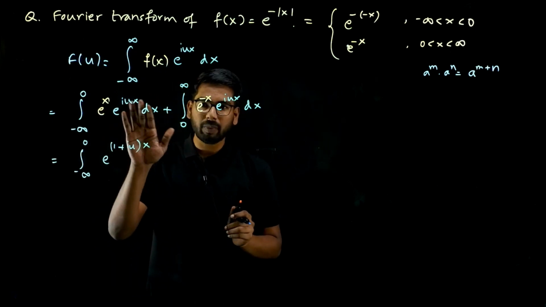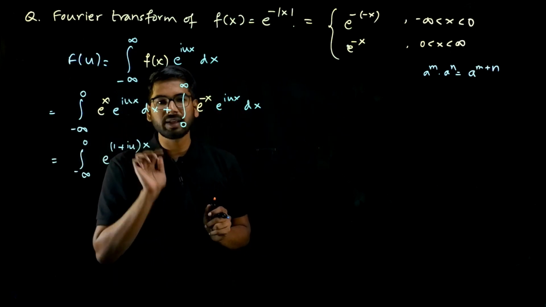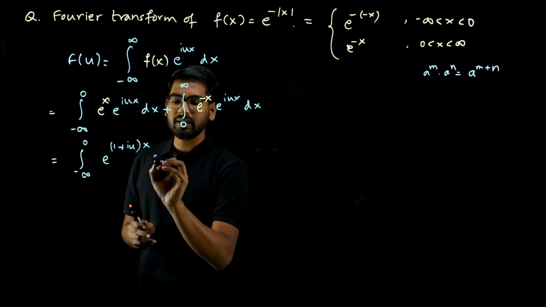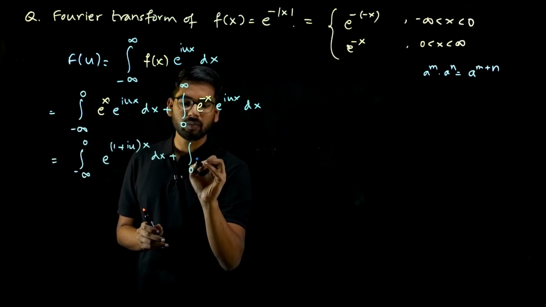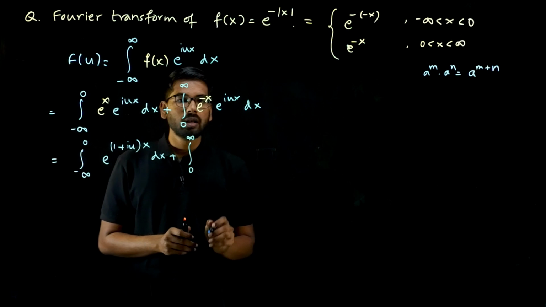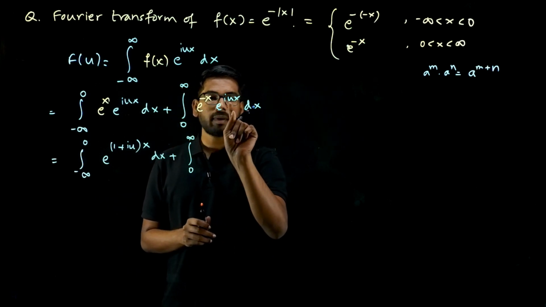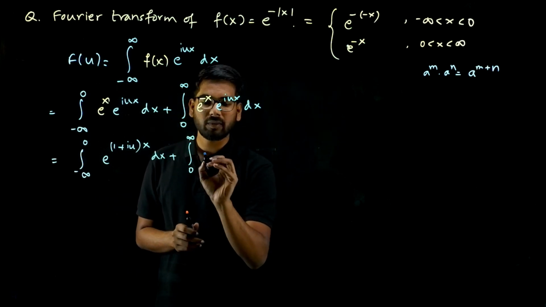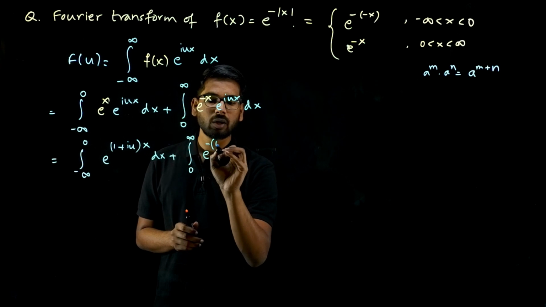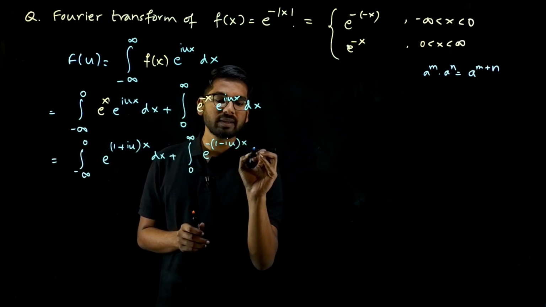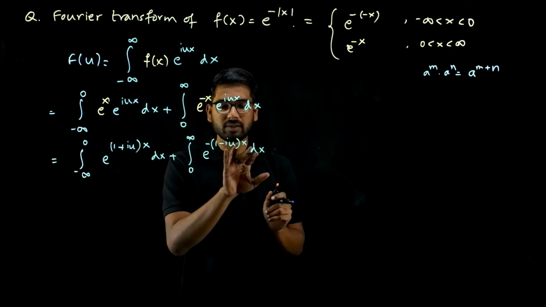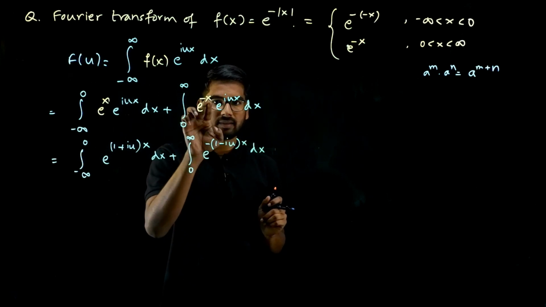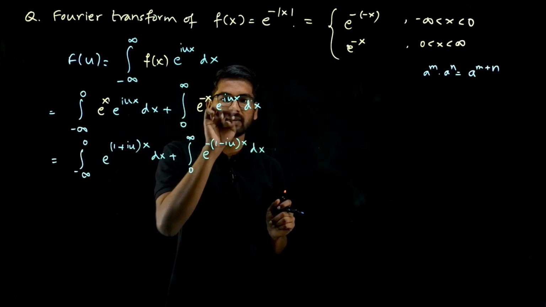I have added the powers and factored out x from the power, dx. Similarly, from 0 to infinity, again e power minus x and iux are added, so that will be e power minus 1 minus iu times x dx.